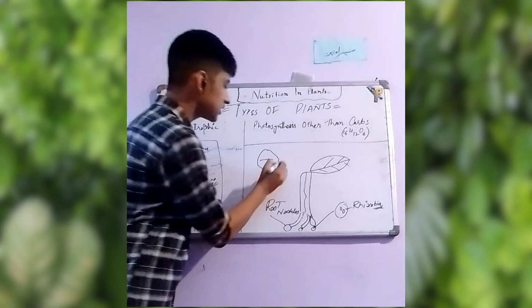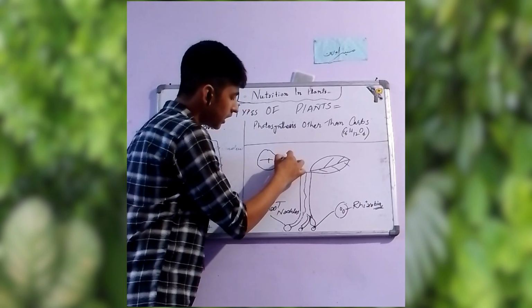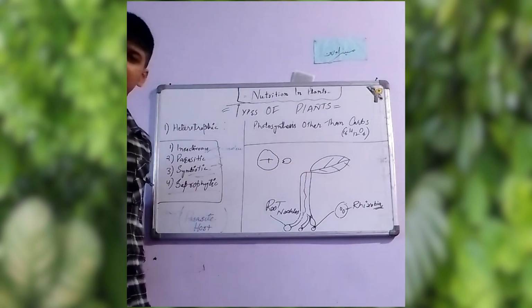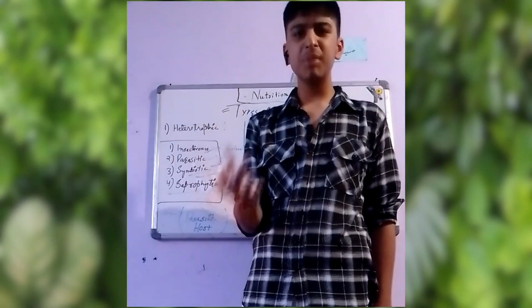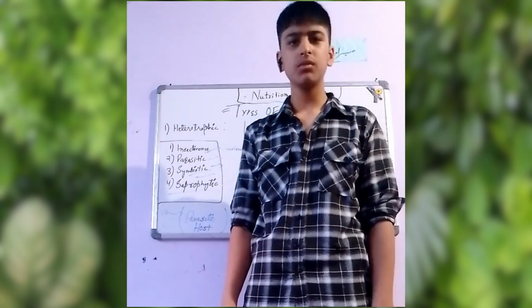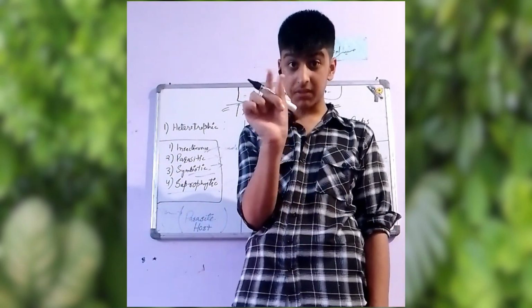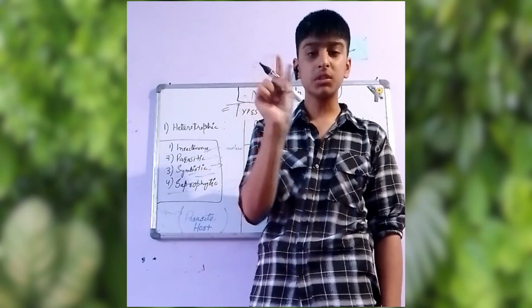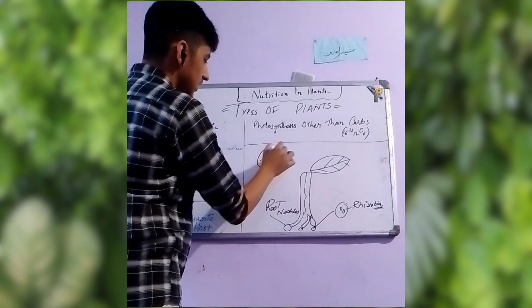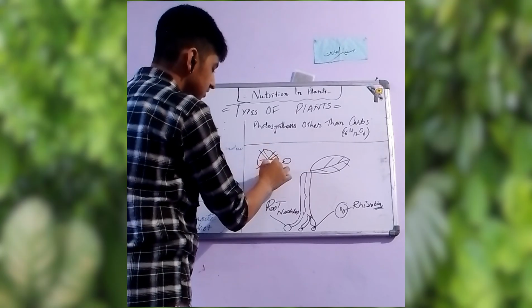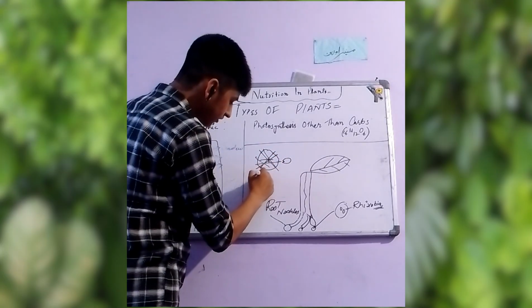For example, it's our mouth, the mouth of the plant. It cannot take it in. When we take a big piece of flesh, we chew it, so it changes into smaller pieces. Similarly, the rhizobia cuts it into smaller pieces called nitrates.